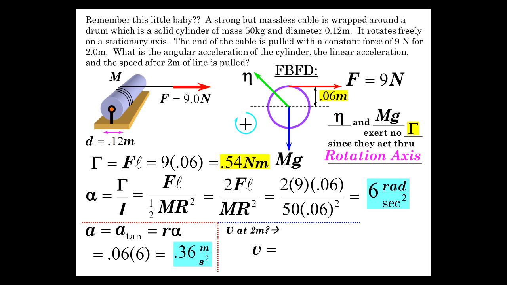And V at 2 meters, we did it with energy earlier. Now, essentially we're at the point of almost doing the same thing. We know the acceleration, and it's a constant acceleration. So V is square root of 2AD, constant acceleration expression, 1.2 meters per second. The same results we got with our consideration of energy.